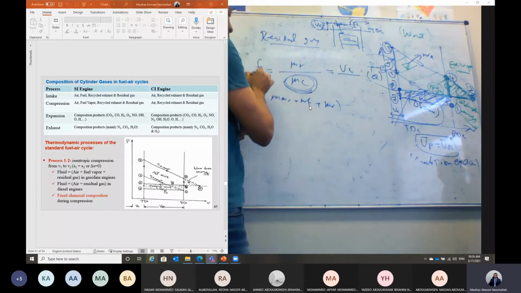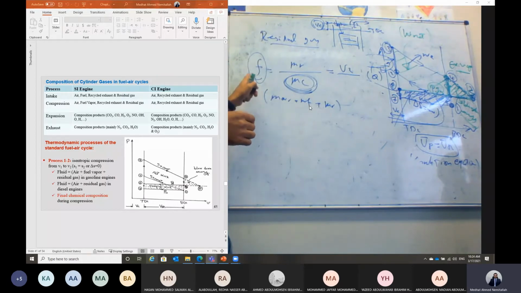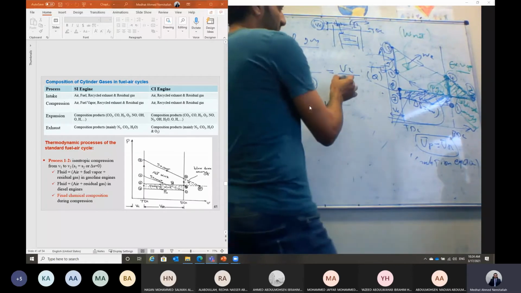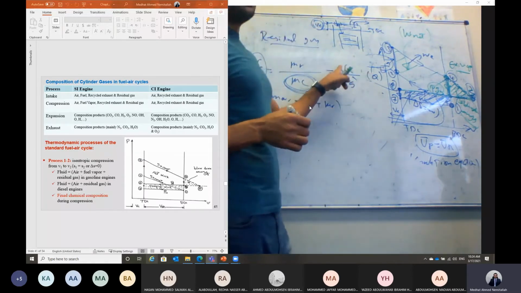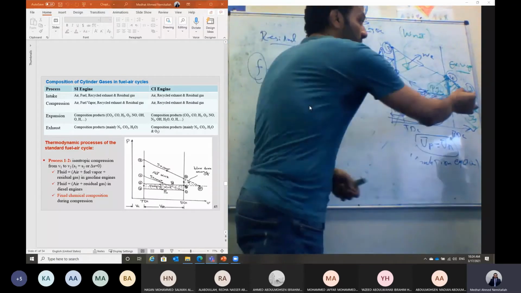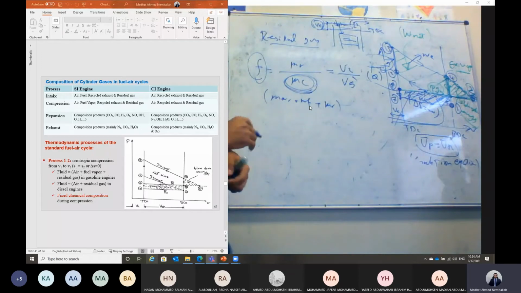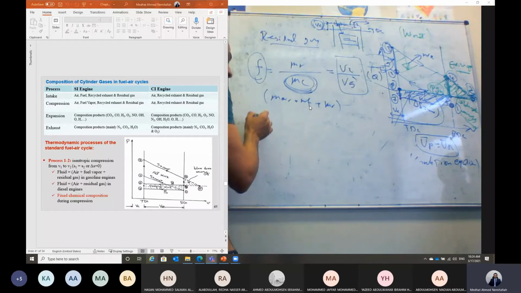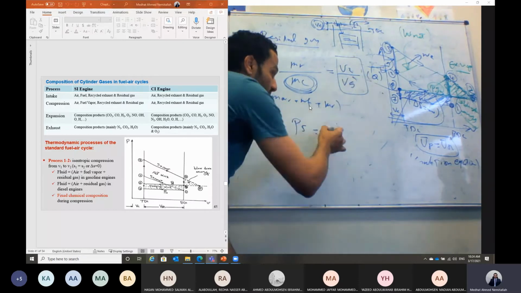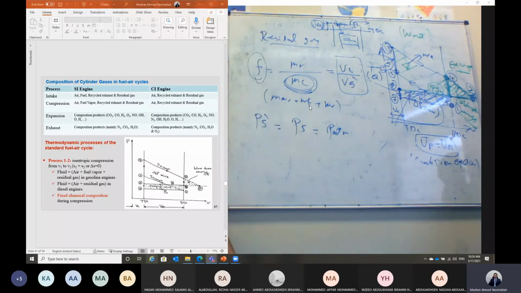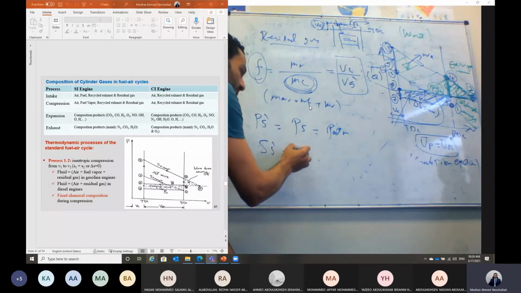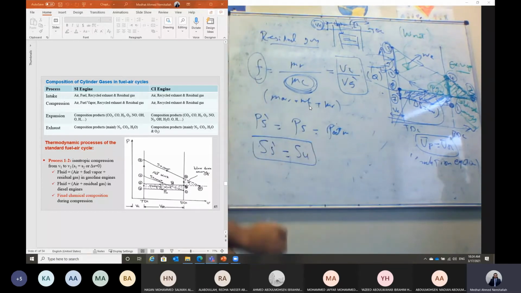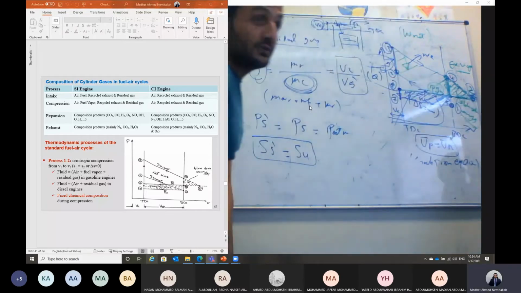So the residual gas fraction, F, is equal to the ratio between the mass of the residual gas divided by the total mass, and it should be the same ratio between the clearance volume divided by the volume if the whole gases are allowed for full expansion, which is V2 divided by V5 prime. And at point 5 prime, Shabab, the pressure is equal to the pressure at point 5, which is equal to the atmospheric pressure. And the entropy at point 5 prime is equal to the entropy at point 4, because it continues isentropic expansion in this case.